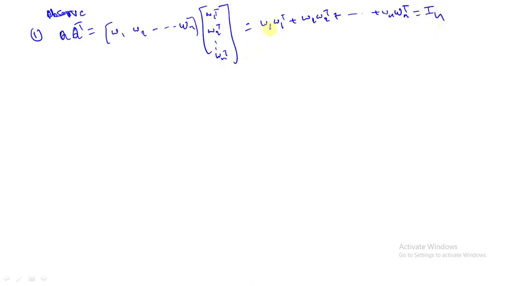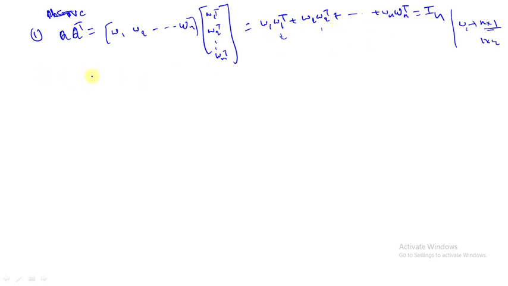Observe this one, W1 W1 transpose. W1 is an n by 1 column matrix, and W1 transpose is 1 by n. That means you get an n by n matrix. Each one is an n by n matrix with rank 1.